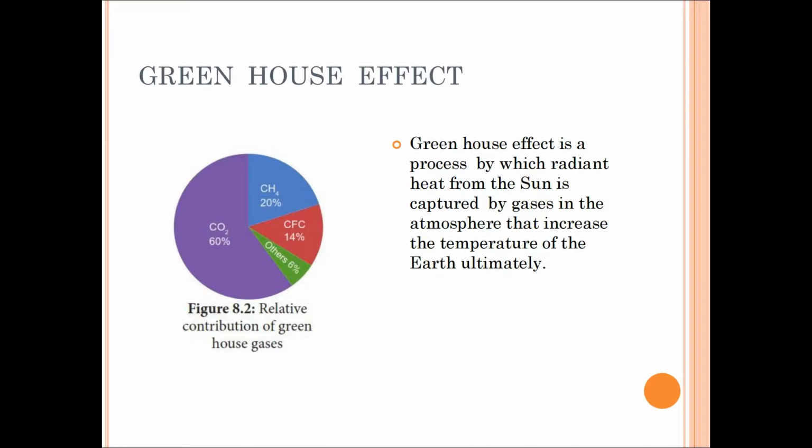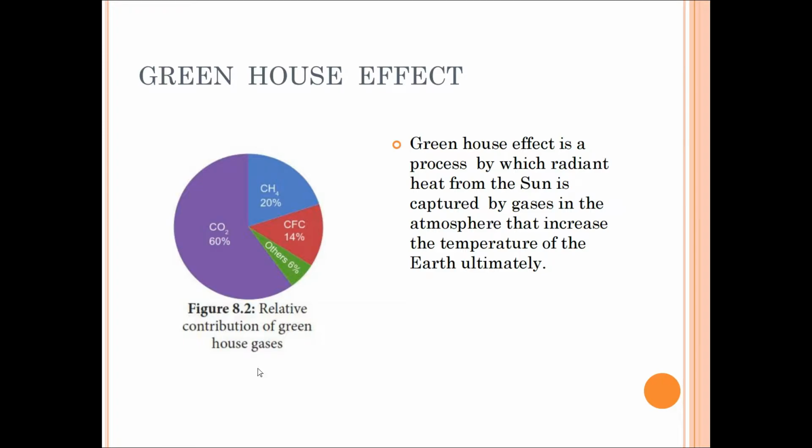So these greenhouse gases, which are present in the atmosphere as pollutants, will absorb the radiation which is reflected back to hit the earth's surface, by which it increases the earth's atmospheric temperature. It causes re-radiation of the sun's radiation.